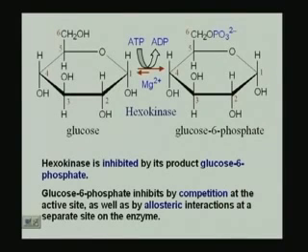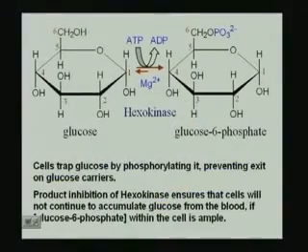Once the substrate cannot bind, it means that the enzyme is inhibited. If the enzyme is inhibited, then the product will not be formed, which means that glucose breakdown does not occur. As simple as that. So, it is extremely tightly regulated.